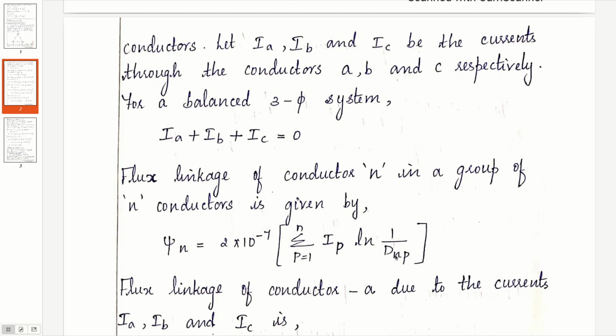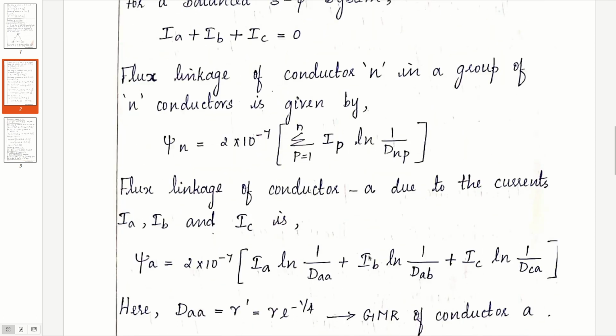Now using this generalized expression, we are going to write the equations for the flux linkage of conductor A, conductor B, and conductor C, each due to the three currents IA, IB and IC.